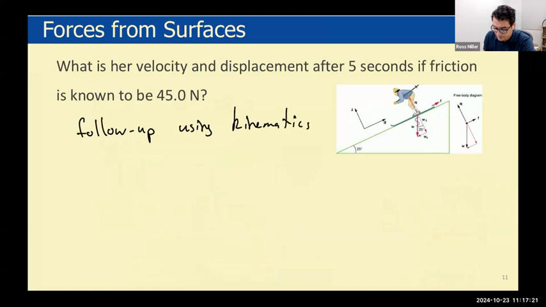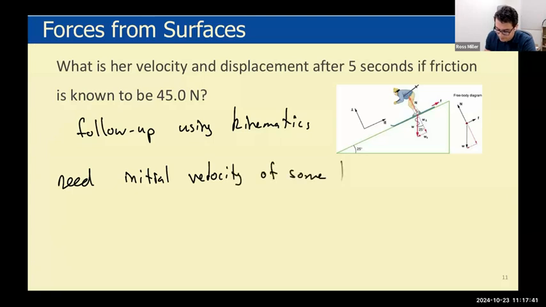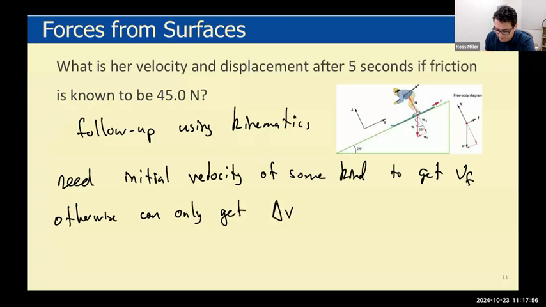So let's say she's already moving, so you would need to be given an initial velocity of some kind to get the final. Otherwise, you can only get delta V.